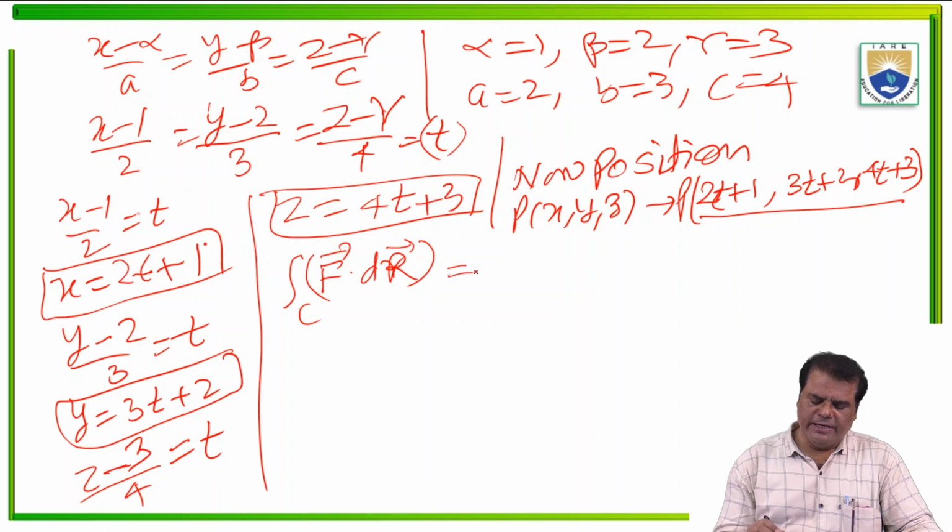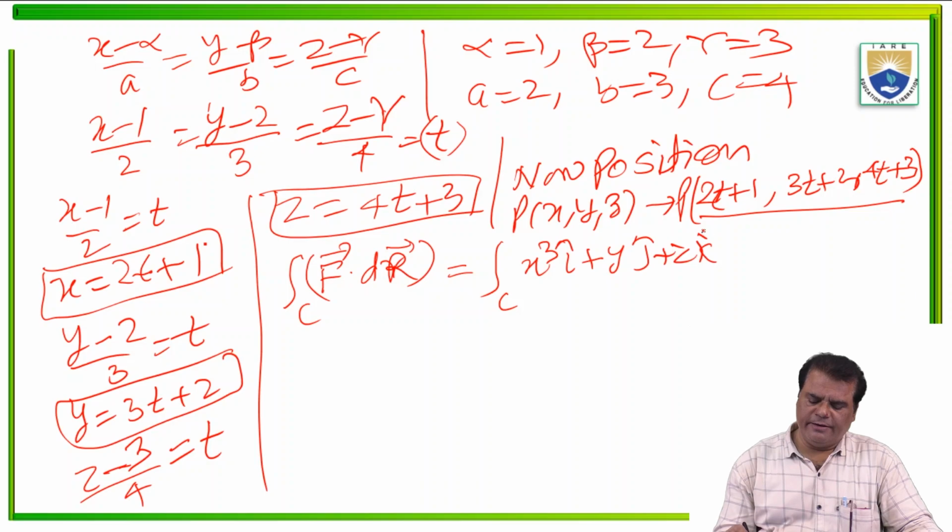F is x cube i plus y cube j plus z cube k, into dx i plus dy j plus dz k.